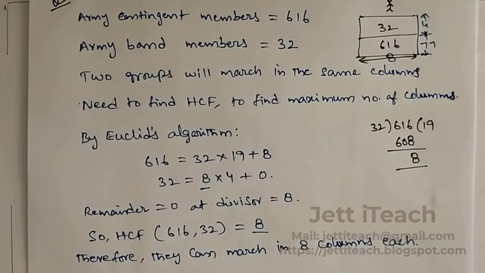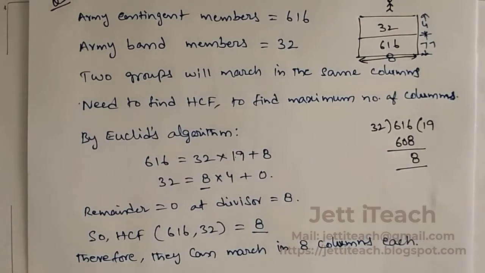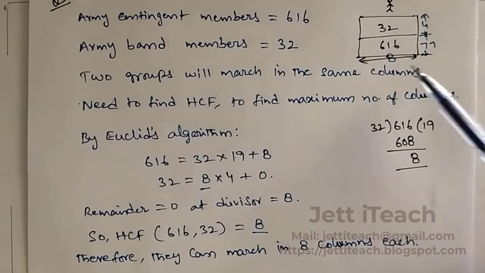So in this way they will march in 8 columns; depending on the number of people in the army team, the rows will be adjusted accordingly. Because of this reason we need to find HCF.